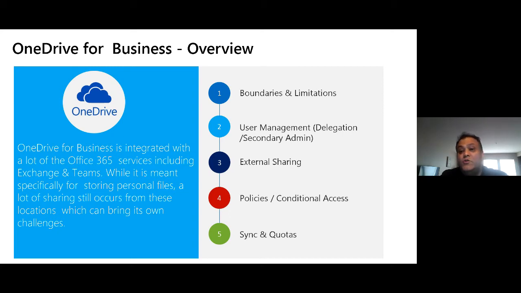The other thing is user management and delegation. Our president has an administrative assistant who has access to his email. The assistant by default also has access to all the files in OneDrive.